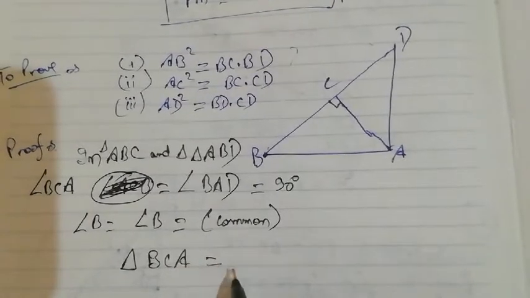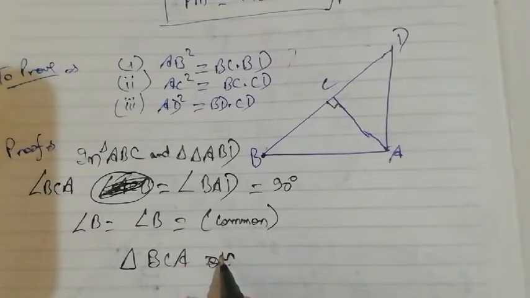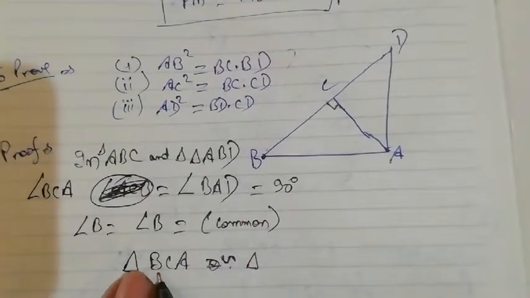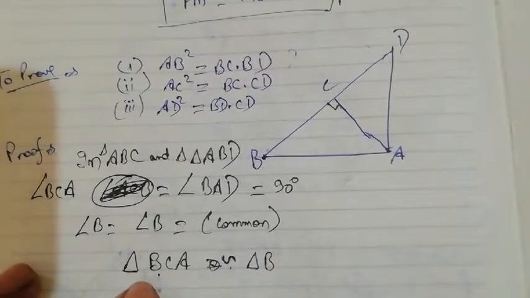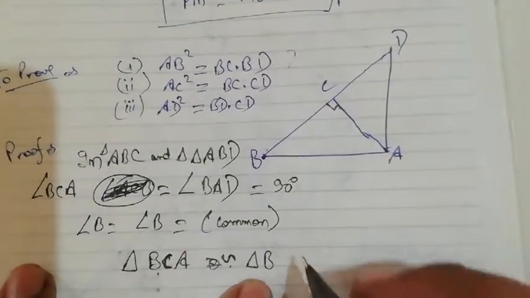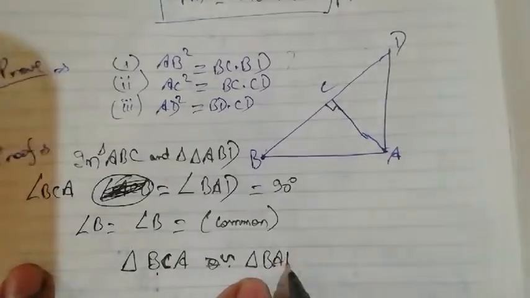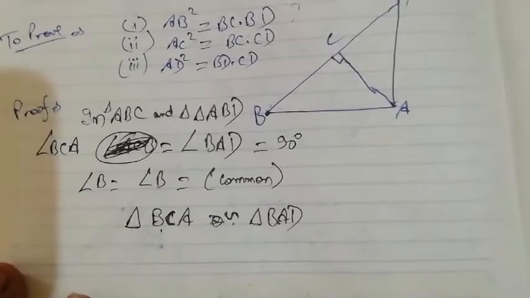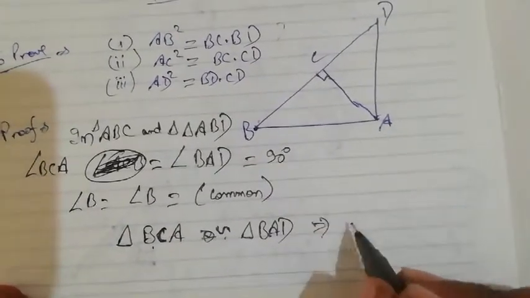So triangle BCA is not equal to, it is similar to triangle, look, angle B is common here, so first of all we will write B. Now this triangle is right angled at C and this triangle is right angled at A, so we will write here A and this is D. So from here, by BPT, can we write this?